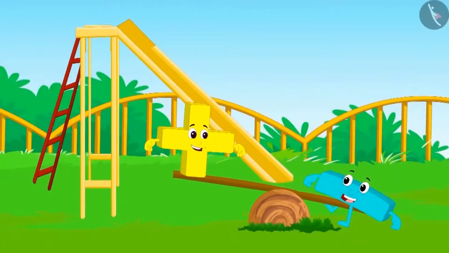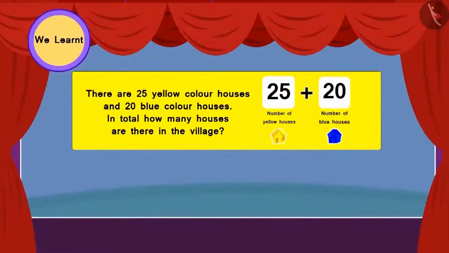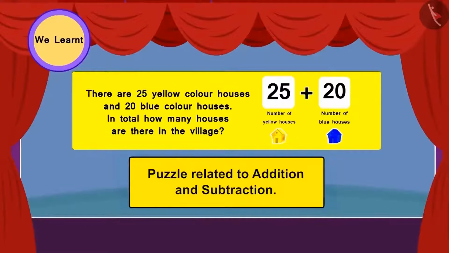Addition and subtraction had lot of fun in the park. Children, in this lesson, we saw some puzzles related to addition and subtraction. We will see some more interesting examples of this in the next two lessons.